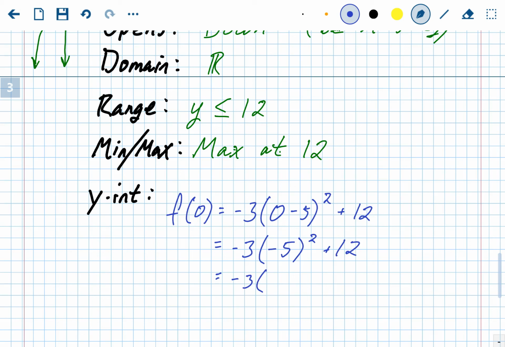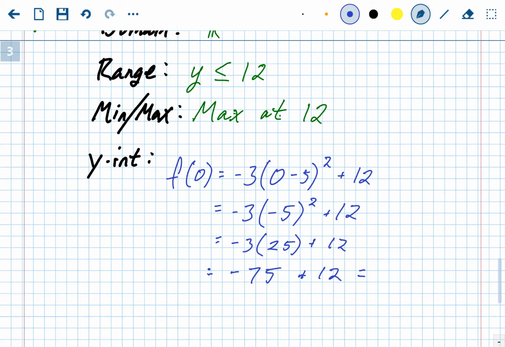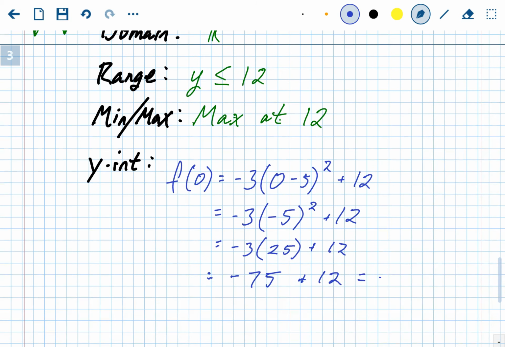It's going to be negative 3 times 25 plus 12. Negative 75 plus 12 gives you a value of negative 63. Good, so good thing we're not graphing that. So that's our y-intercept, again, just plugging in 0 for x.